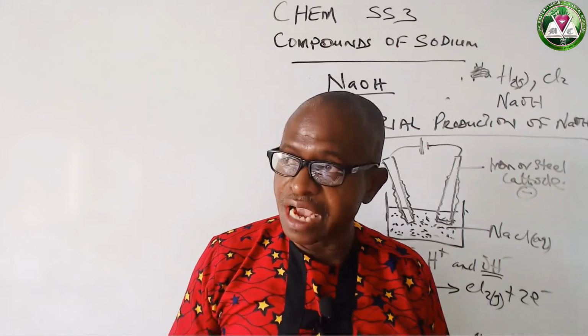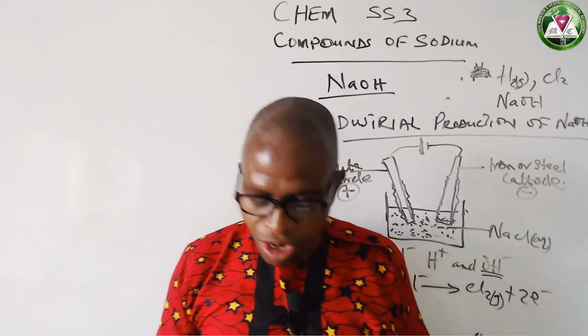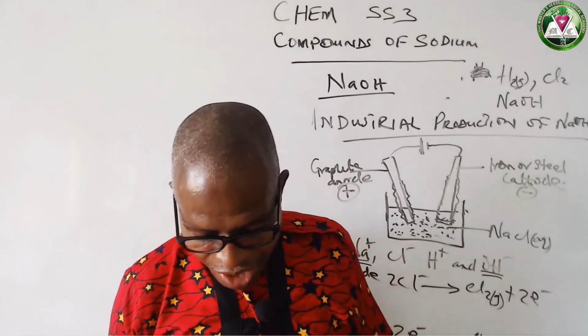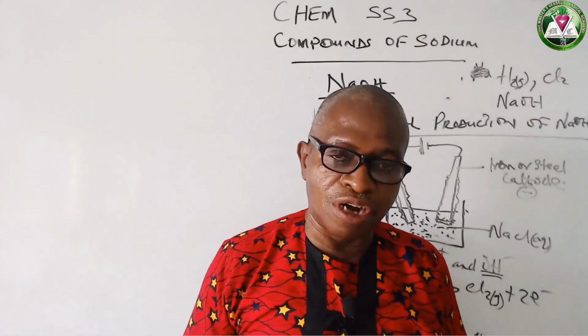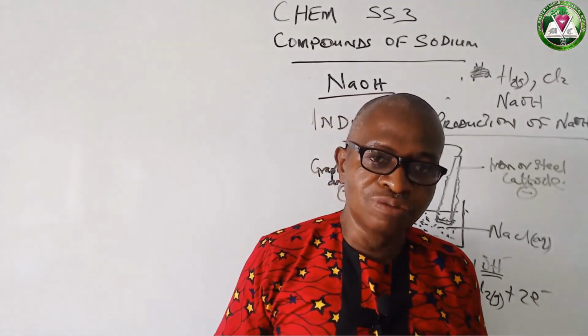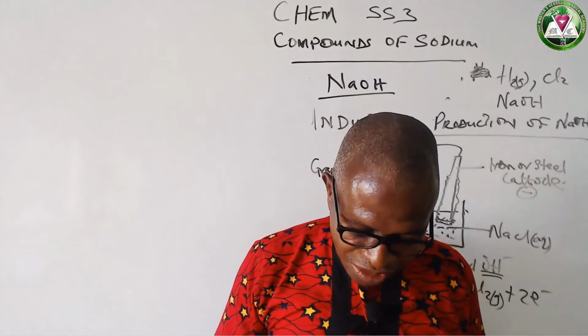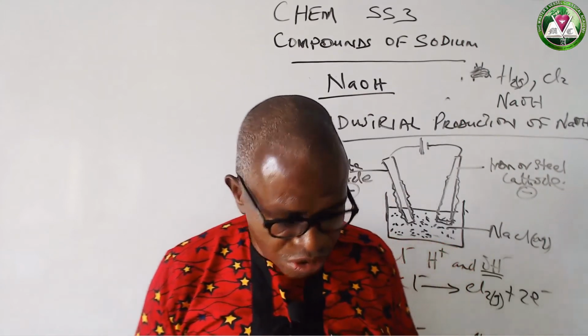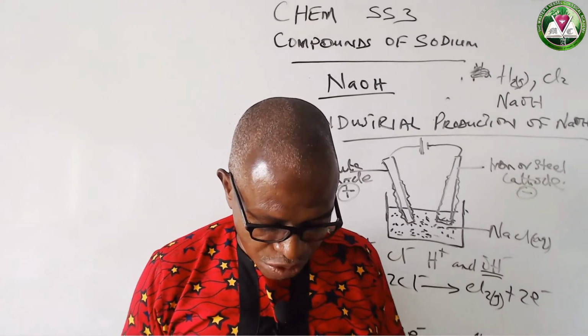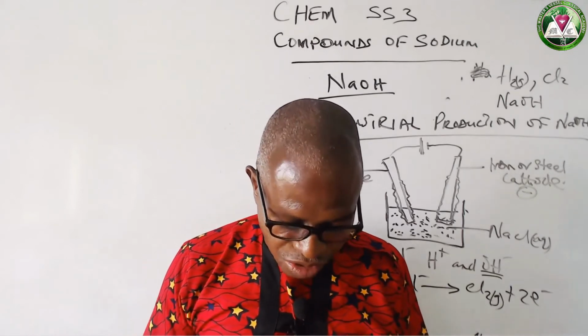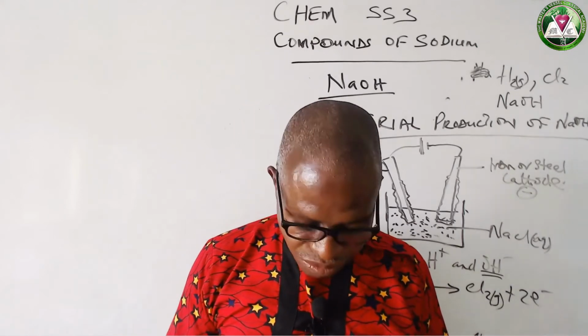You discover that chlorine which you have produced can react with sodium hydroxide to give you sodium oxochlorate(I). Because of this, you don't use simple cell to produce sodium hydroxide from sodium chloride.